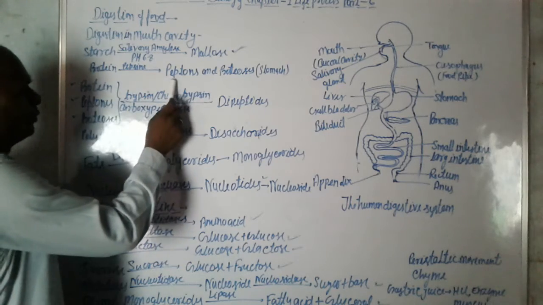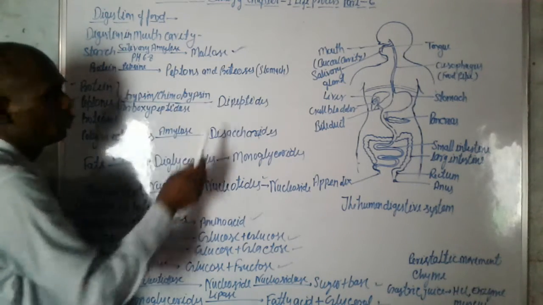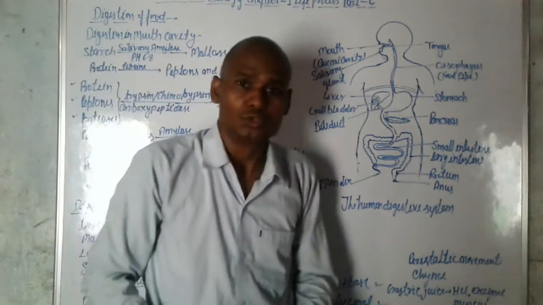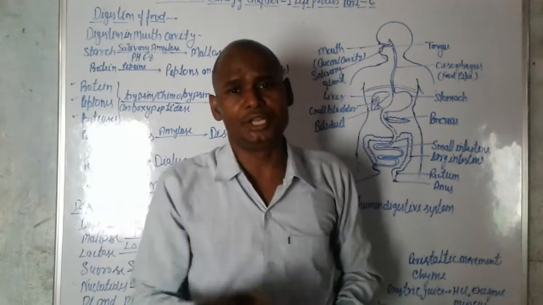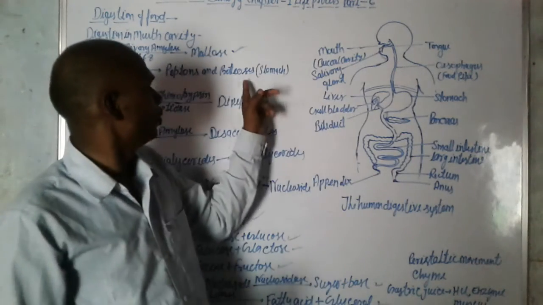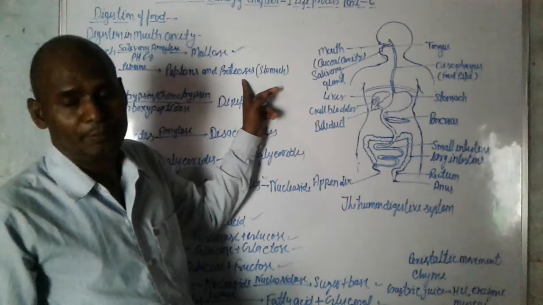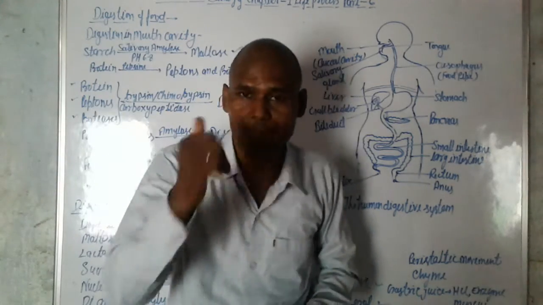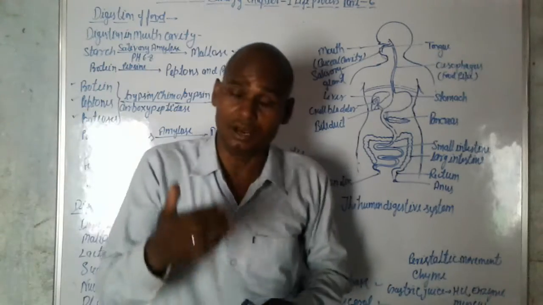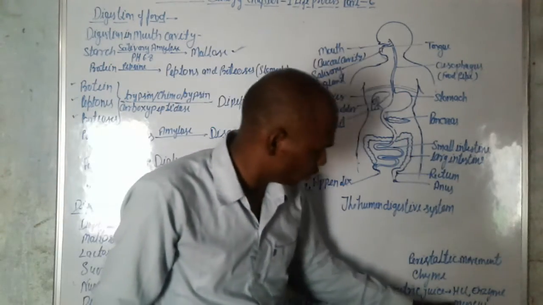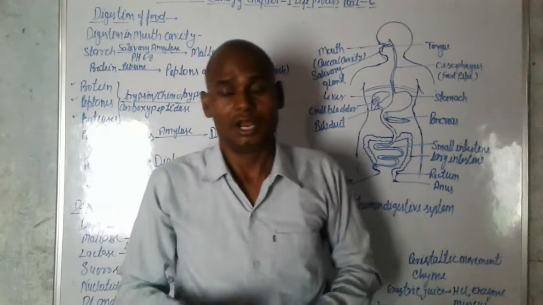Protein is converted into peptones and proteases with the help of the pepsin enzyme, and pepsin occurs in the stomach. Hydrochloric acid also occurs there.